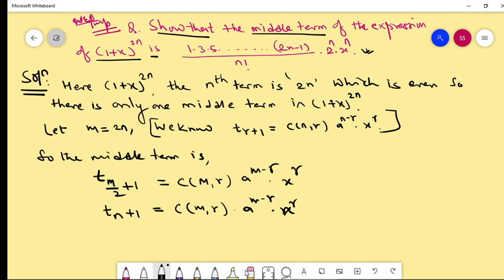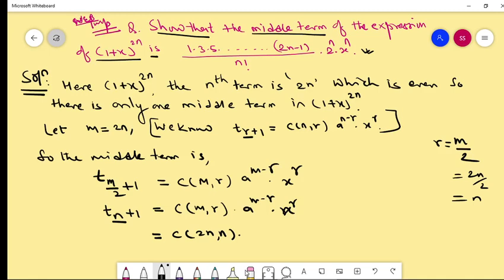Now m is 2n, r is n, a is 1, m minus r is 2n minus n, x is x itself, and r is n.